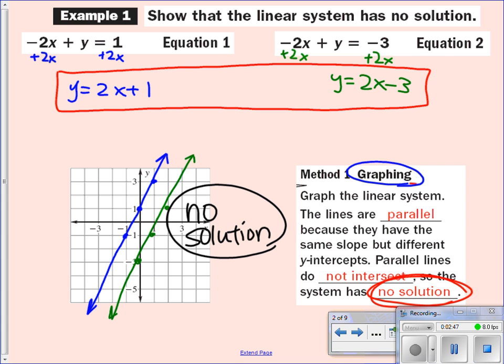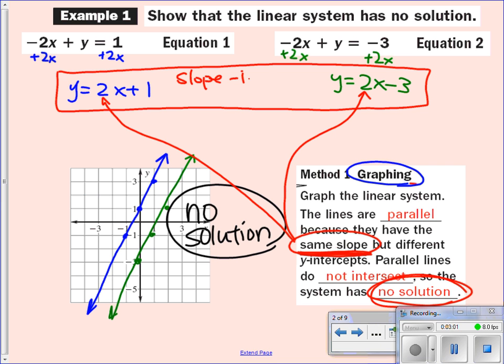If two lines are parallel, they're parallel because they have the same slope. I knew they had the same slope because I got my equations into slope-intercept form, and the slope of each of them was 2. So I knew right there that I had no solution because they had the exact same slope.